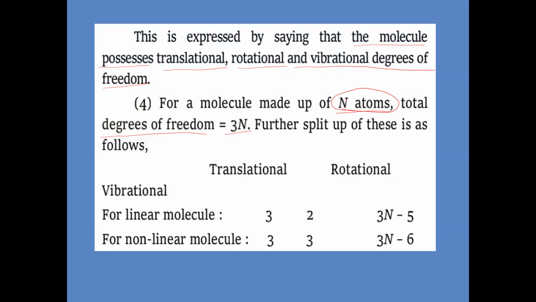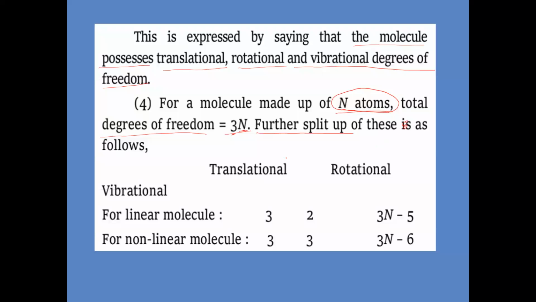So if the atomicity of the given molecule is n, the total degrees of freedom will be 3 into n.